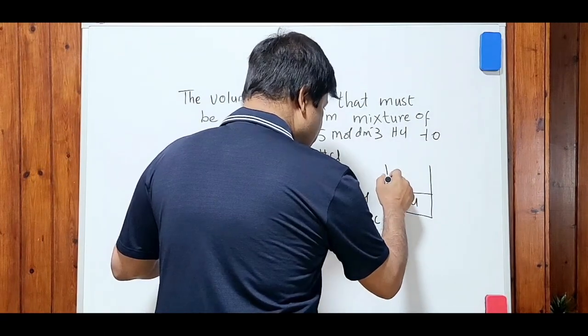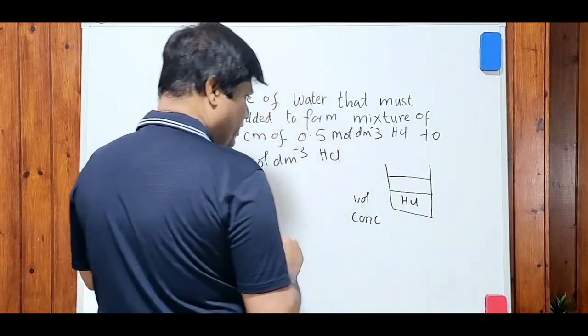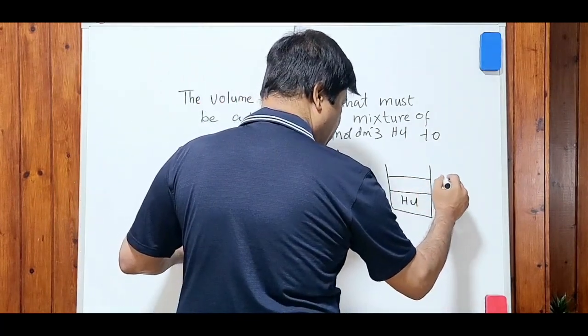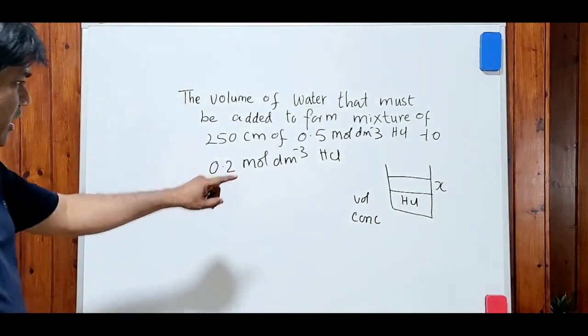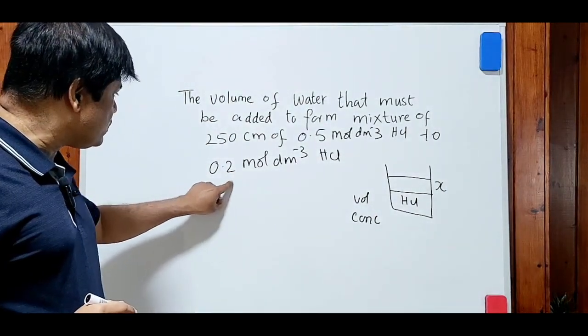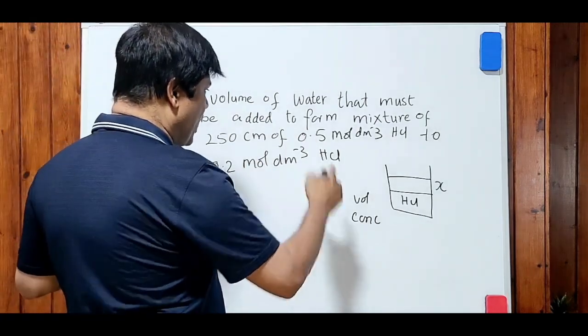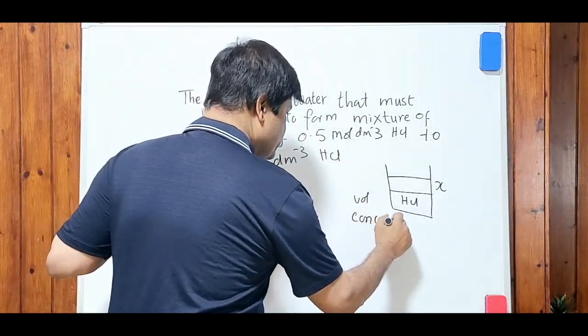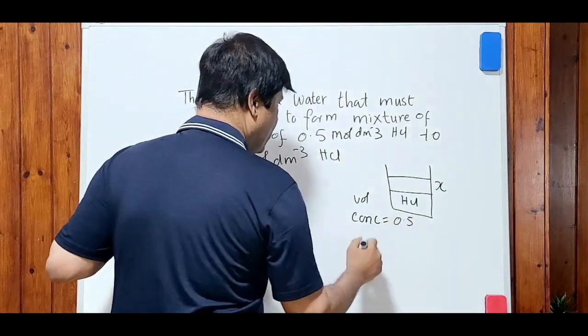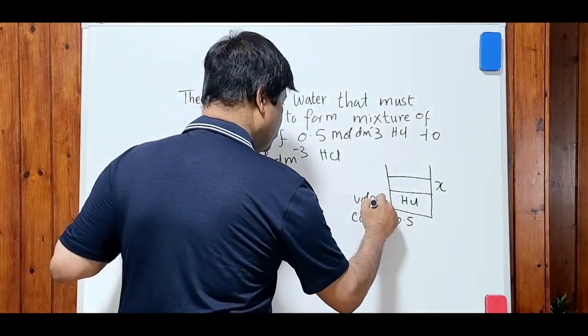You have to add some water, X amount of water added, so that its concentration changes to this value. Before you add water, the concentration was 0.5 and the volume was 250.